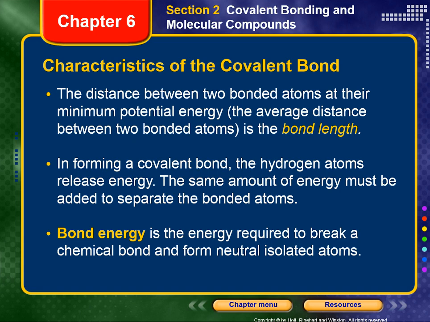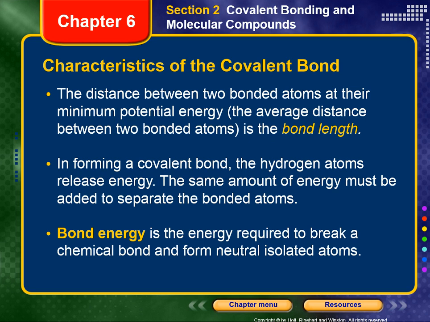The amount of energy released equals the difference between the potential energy at the zero level, which are the separated atoms, and that at the bottom of the valley, the bonded atoms, as is represented in Figure 6-5. The same amount of energy must be added to separate the bonded atoms.